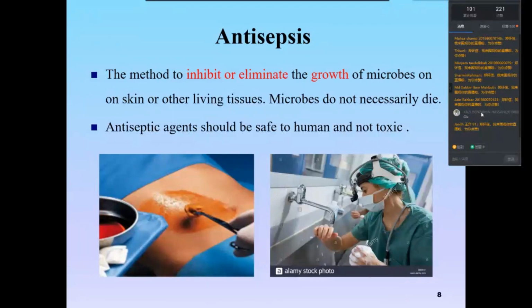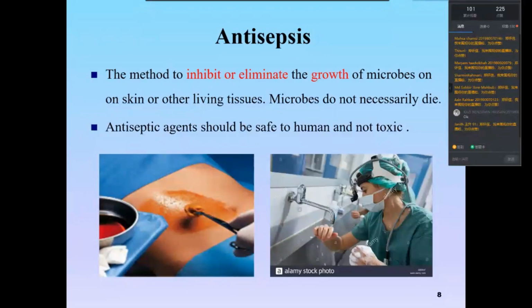And microbes on the skin or living tissues might only be inhibited but not completely killed. They do not necessarily die. In this picture, the doctors, before they give surgery, need to clean their hands and arms completely. This is also antisepsis.